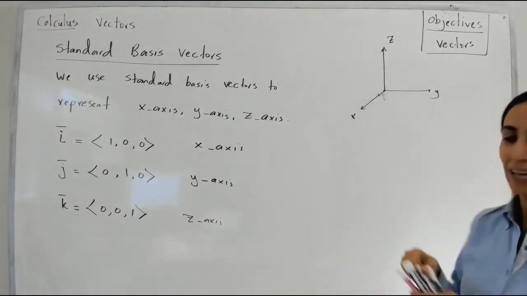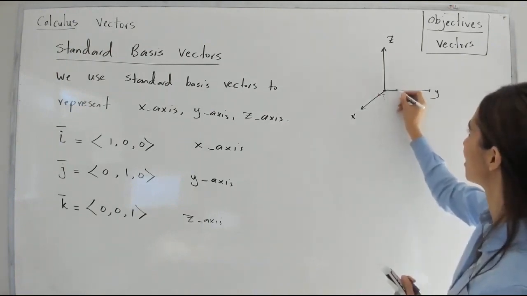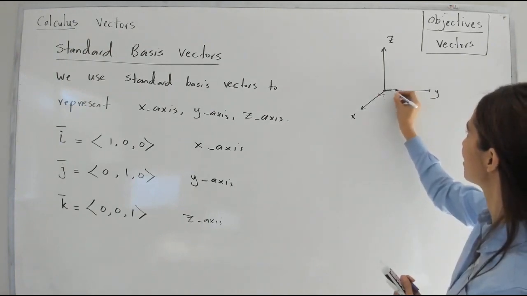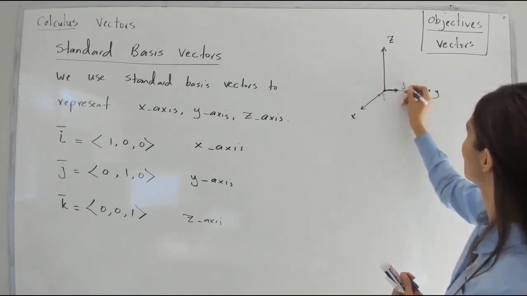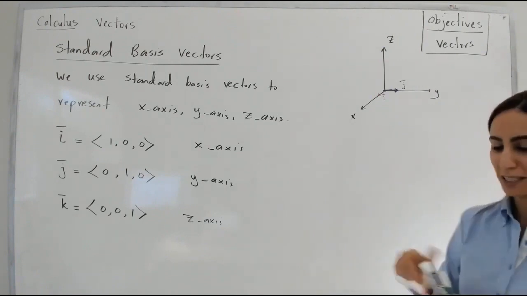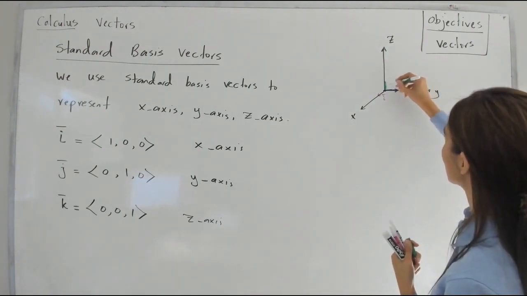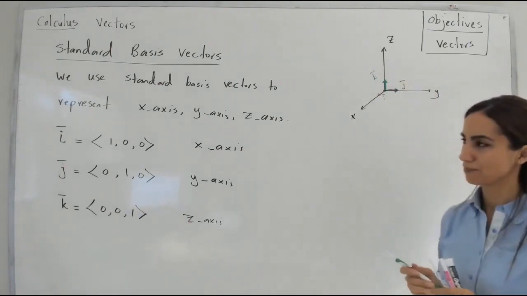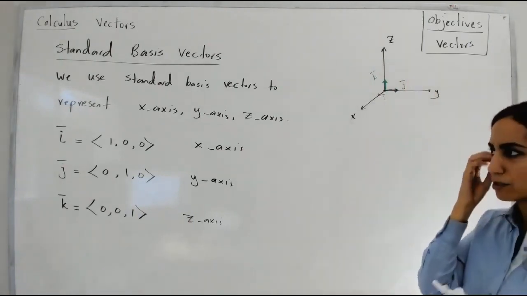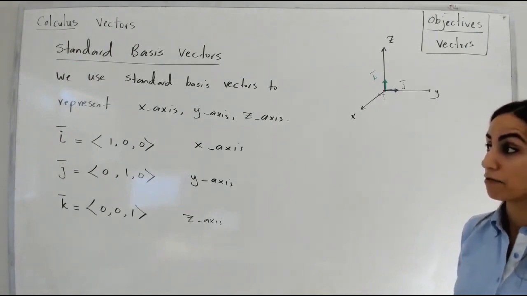Well, on y-axis, here we have j, standard basis vector, and finally for z, we're going to have this nice vector with the same length but in the direction of z-axis. Well, I expect you to ask, what are the lengths of these vectors?